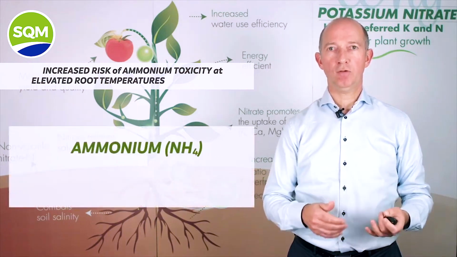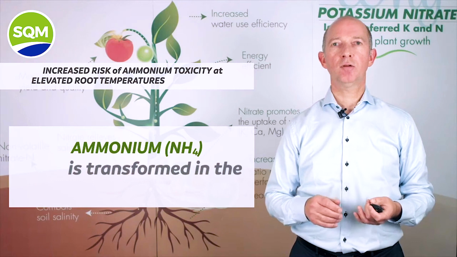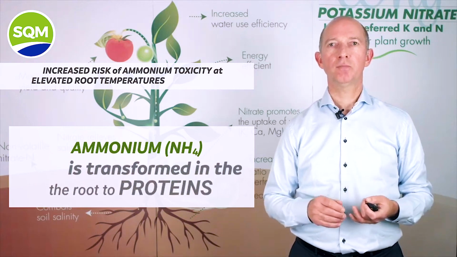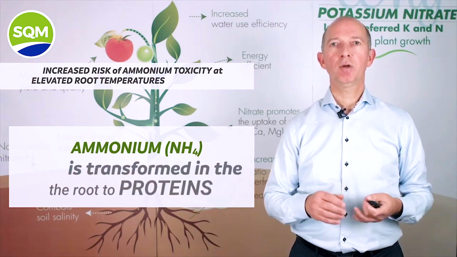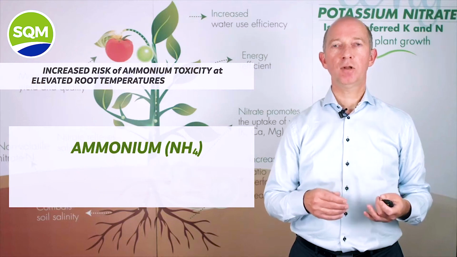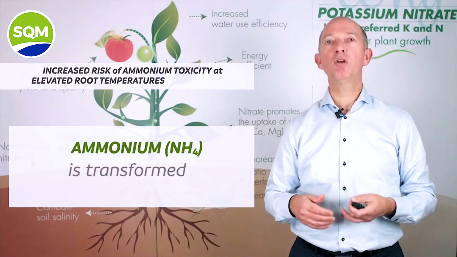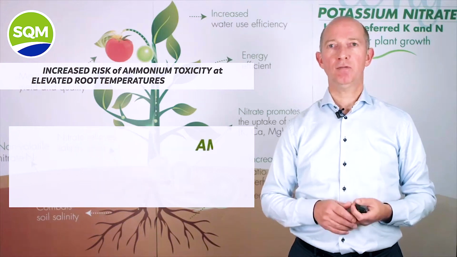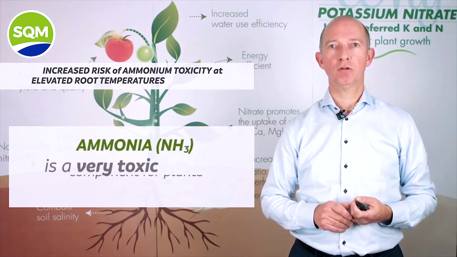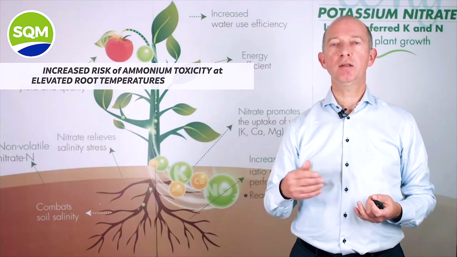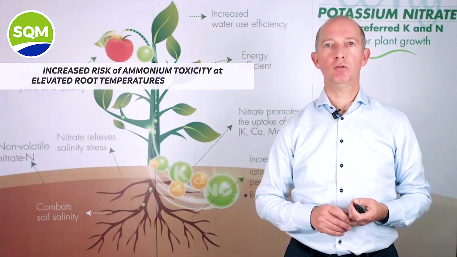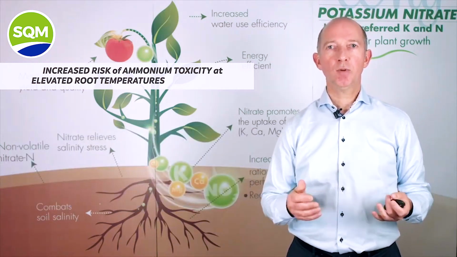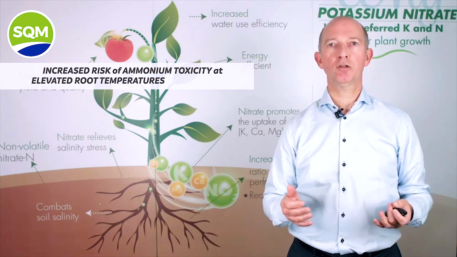Ammonium, NH4, is transformed in the root to proteins. In the first step, ammonium, NH4, is transformed into ammonia, NH3. Ammonia is a very toxic component for plant roots, and it needs to be converted immediately into proteins. This process requires sugars, energy.